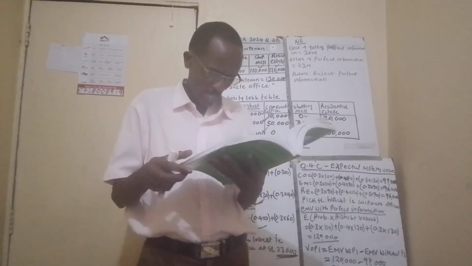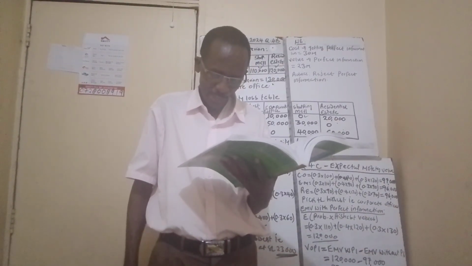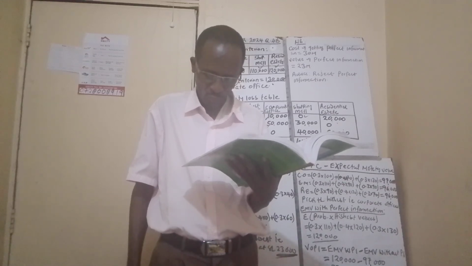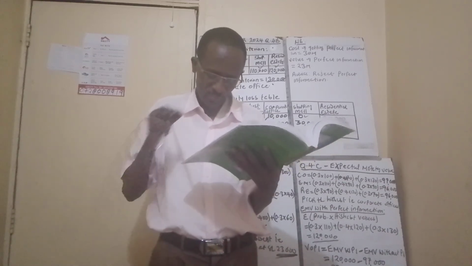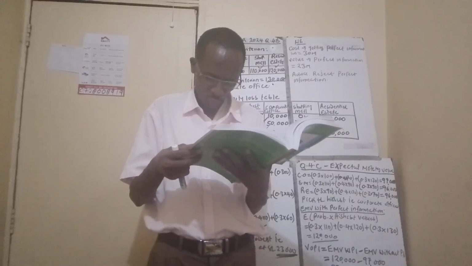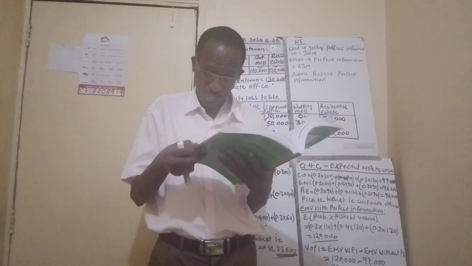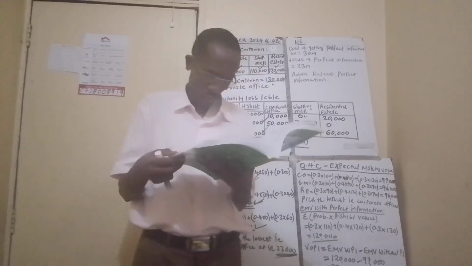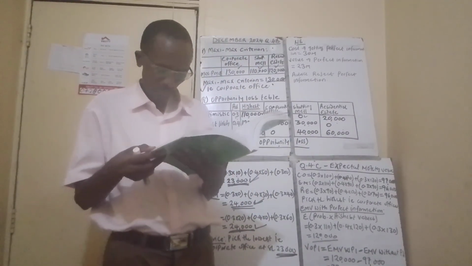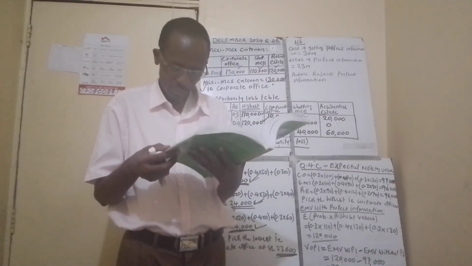4C. You're told Labda Investment Limited is contemplating acquiring perfect information from an investment research firm about the viability of the investment opportunities. The investment research firm is willing to provide perfect information about the investment project at a cost of shillings 30 million.